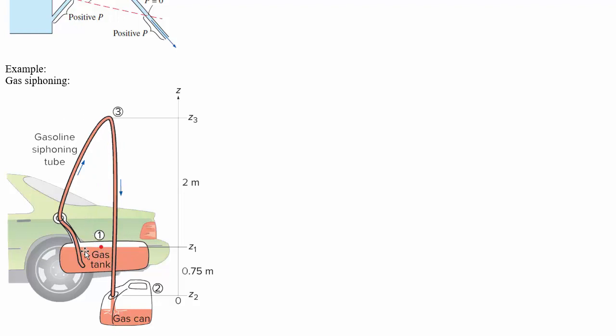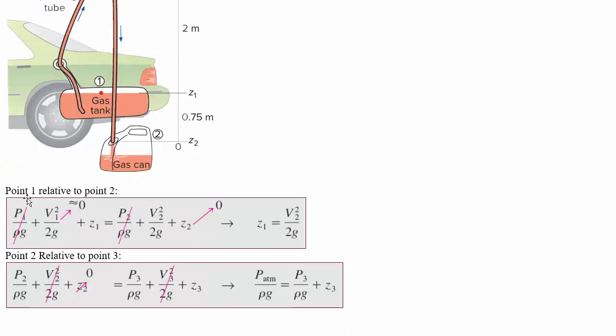So basically below the saturation pressure of the gas means it's going to evaporate inside, and this siphon will break. We'll get a pocket of air showing up there, or whatever the gas wants to evaporate into, and then the rest of the line will be able to start collapsing. Bubbles will move along the way, and we'll have to go and reprime the pump or flee the scene, whatever's going on. Anyway, here's the point 1 relative to point 2 Bernoulli equation and point 2 relative to point 3.